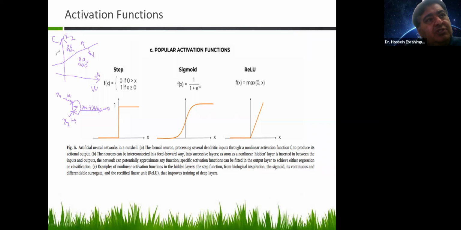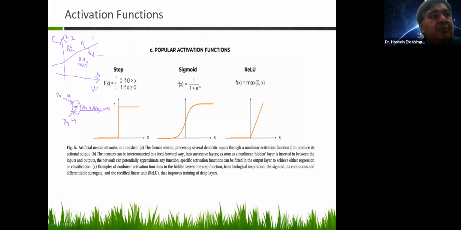If you put some values for X1 and X2, if the value of this formula is positive, you have apples. If this formula returns a negative, it is an orange. And if it is 0, you have the points on the discriminant line. This is what a neuron can do for us.